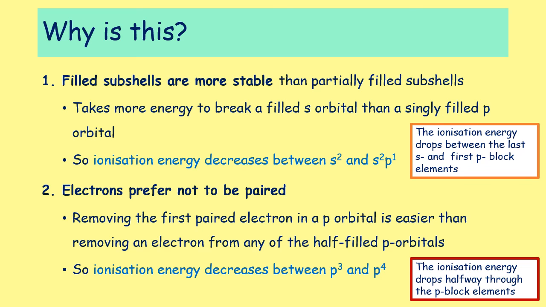Remember, as I've said, your data booklet on page 12 has all the first ionization energies, so you can see where you're getting this decrease in ionization energy for each period, and then hopefully apply some of the logic of what you know to that situation. Or if you can remember all of this directly from the video, all the better. But you can use the periodic table and your knowledge of orbitals to sort of piece together this answer.